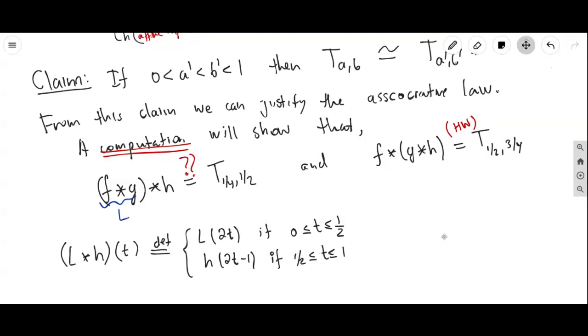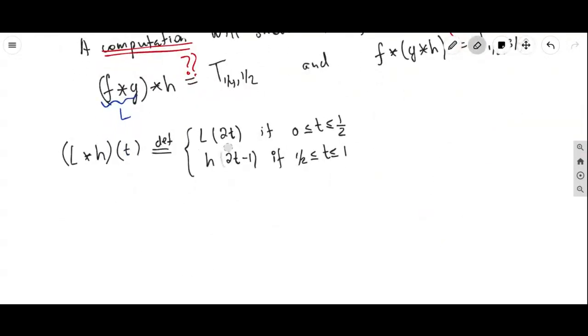But then you see we have L of 2t. So then we have to find the formula for L of 2t. So I think it would be helpful to recall what L is. L is equal to F star G. And maybe instead of using t, let's use a different letter to avoid confusion. Let's call it s.